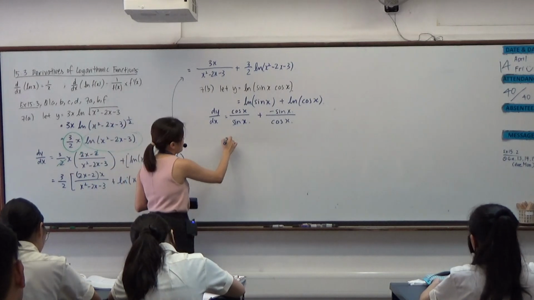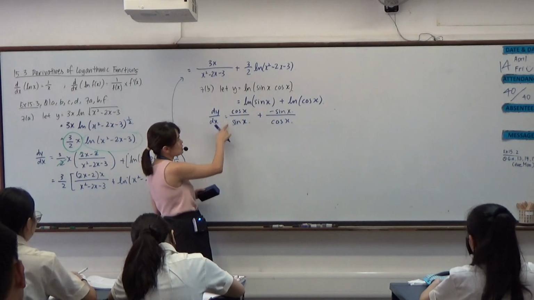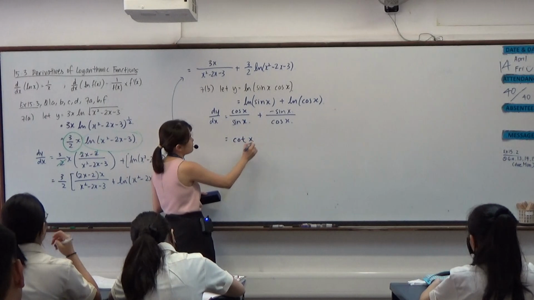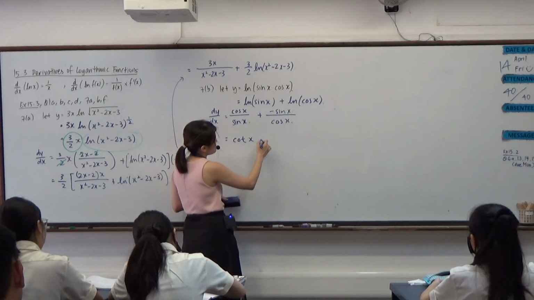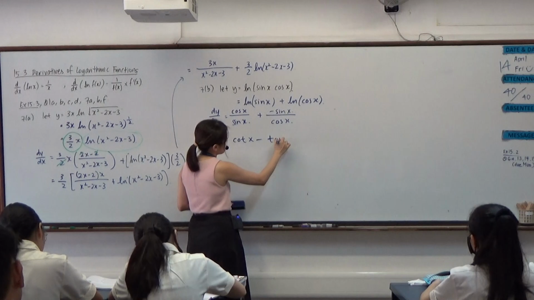Then you know your trigo functions, cosine over sine is your cotangent x, negative sine over cosine will give us minus tangent x.